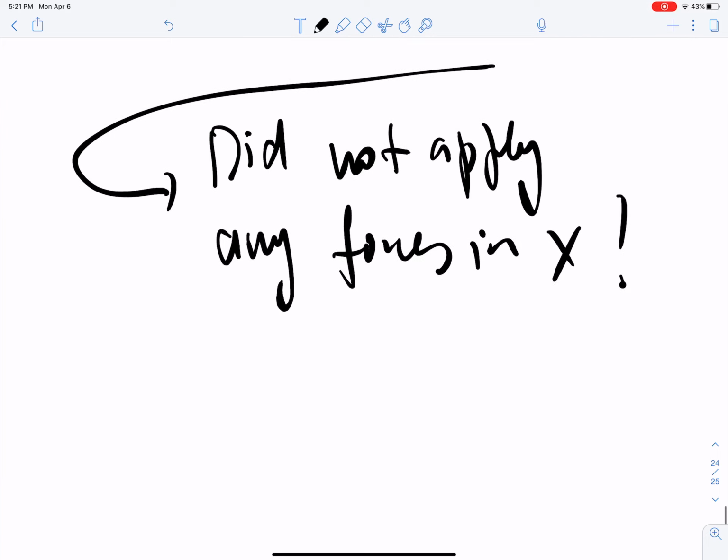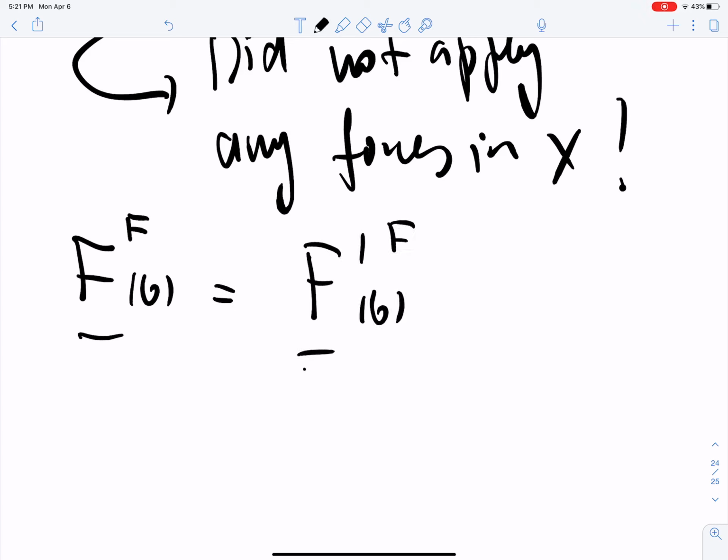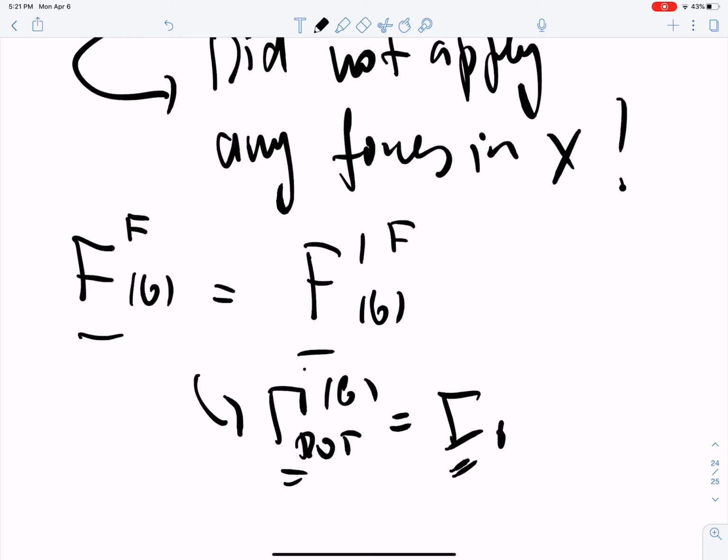So it all works out at the end of the day. F B equals, in this case, F prime F B, because gamma ROT B is the identity, 6 by 6.